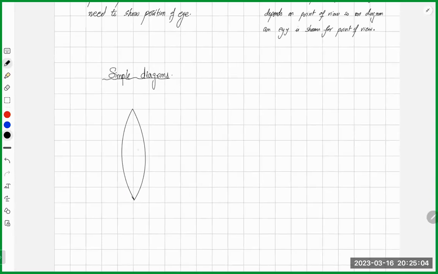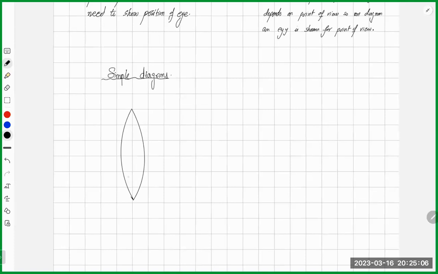To make a double convex lens like this again every time is very difficult. So an easier way to do that is we draw a line on both ends. We draw a triangle.